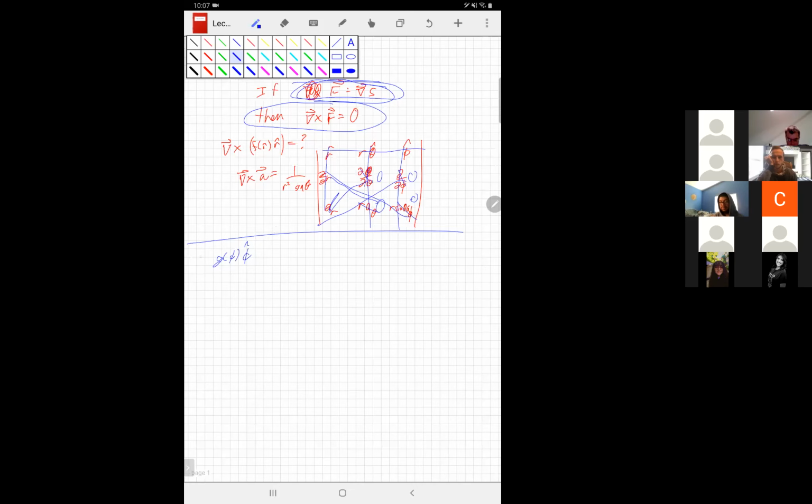All right, so let's find the curl of that. That is, again, 1 over r squared sine theta, r hat, r theta hat, phi hat. And then I'm going to put in the derivatives.